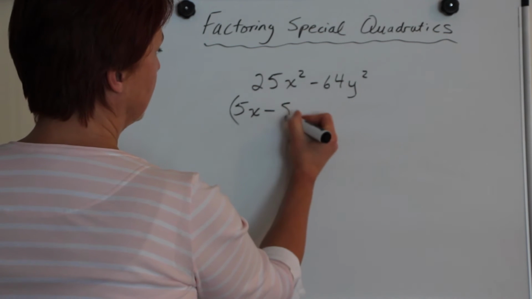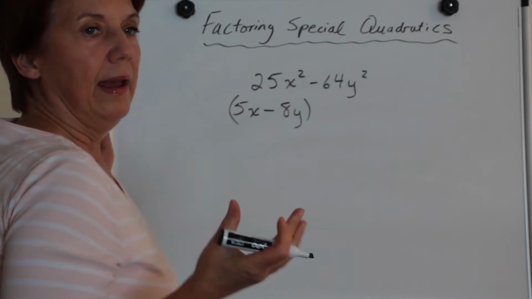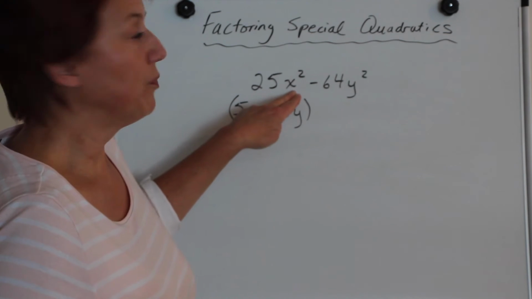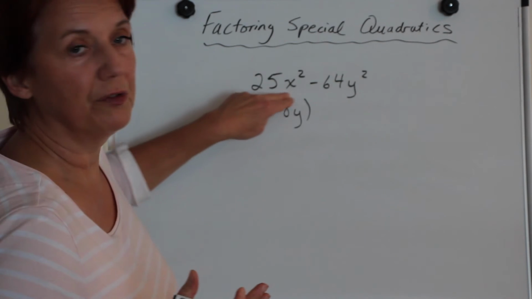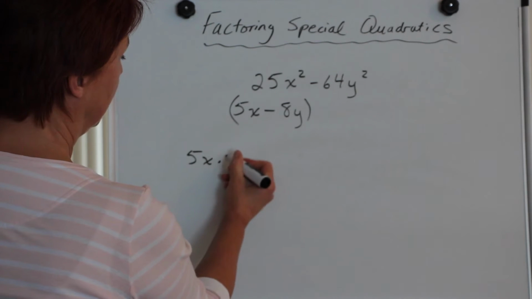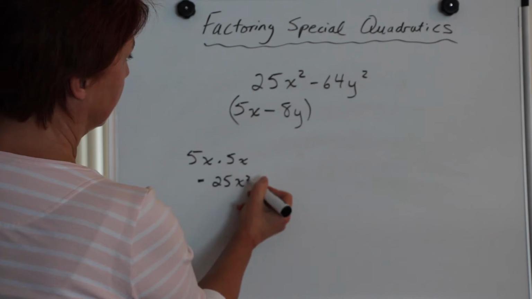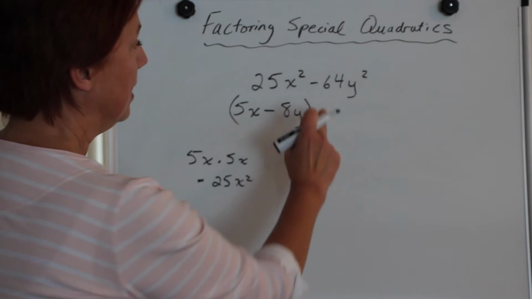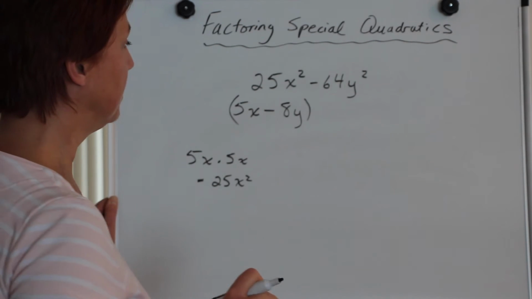So when I'm talking about square root, you probably all know this, but I'm talking about the number and the sign, and the variable, as the case is here. We're talking about what would I have to multiply by itself to get that. So obviously 5x multiplied by itself gives me 25x squared. This term here is a perfect square, and so is this term here. That's 64y squared, that's a perfect square.